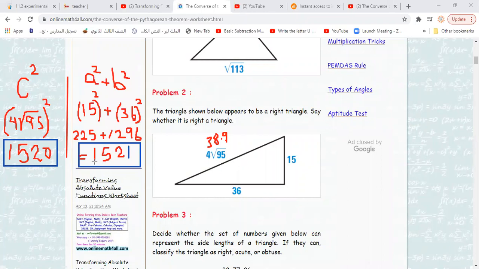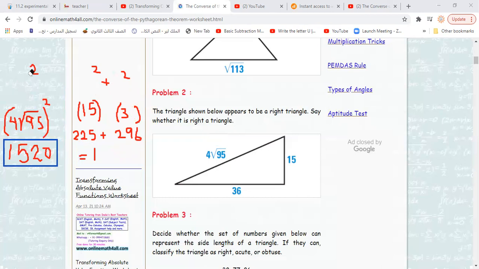But if the question asks whether it's a right triangle or not, we will say no, it's not a right angle triangle. If the question asks to classify the triangle, then the triangle will be an acute angle triangle. Okay, any questions so far about this? No, thank you.